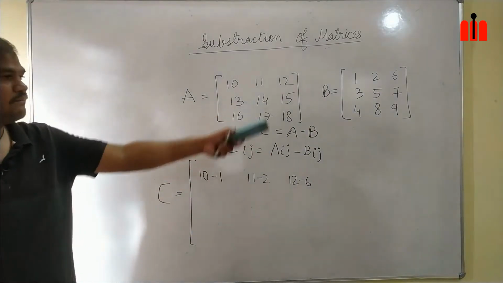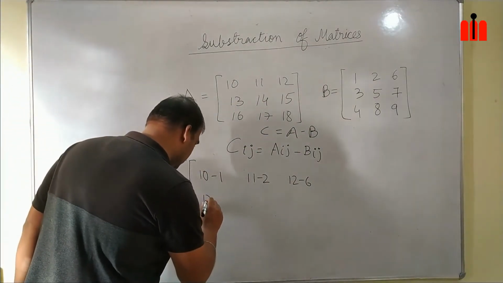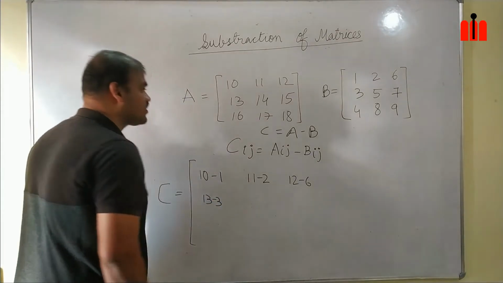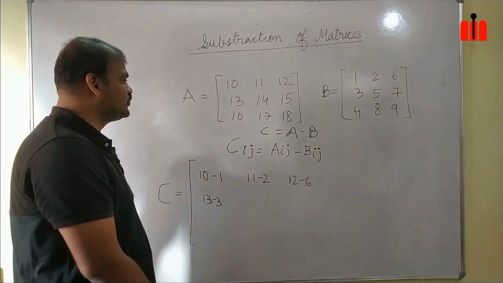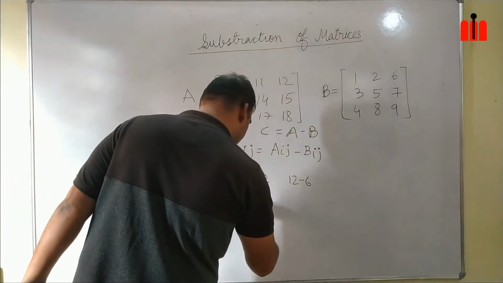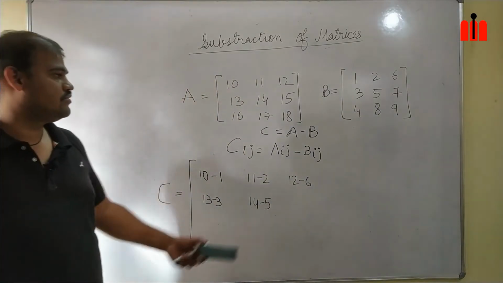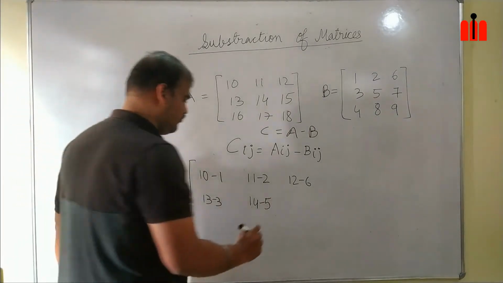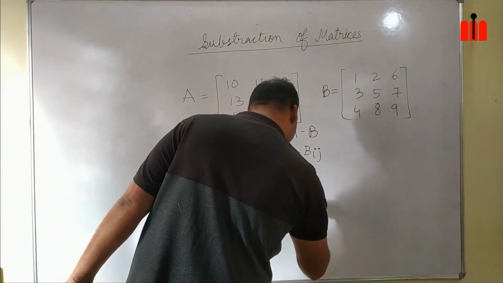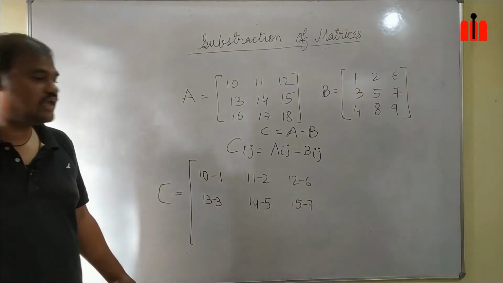A21 minus B21, 13 minus 3. A22 minus B22, 14 minus 5. A23 minus B23, 15 minus 7.